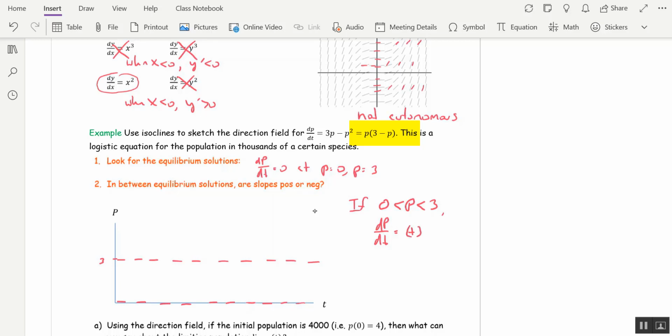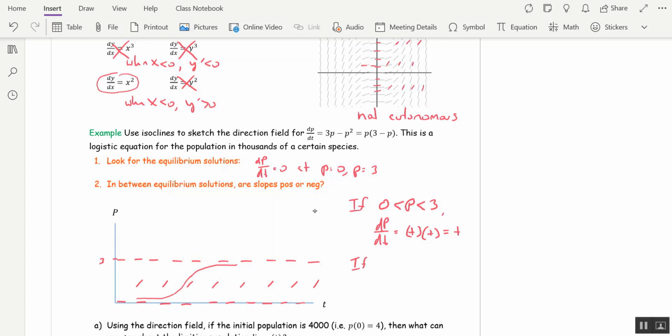So I'll have a positive times 3 minus P. If P is less than 3, that is going to be positive, so that's going to be positive. So the slopes in here, remember for autonomous, for all t, you'll have the same value of the slope going in a horizontal line. So I'll have positive slopes. So I know my solutions in here are going to look like this. Equilibrium, and then they're going to go positive, and then they can't cross that equilibrium there, so they're going to go like that.